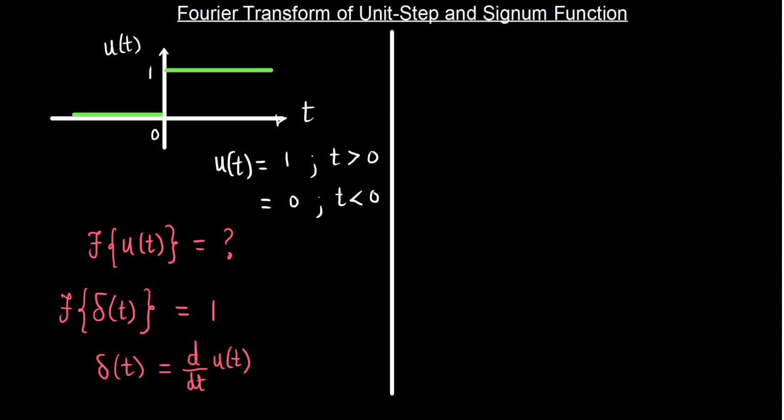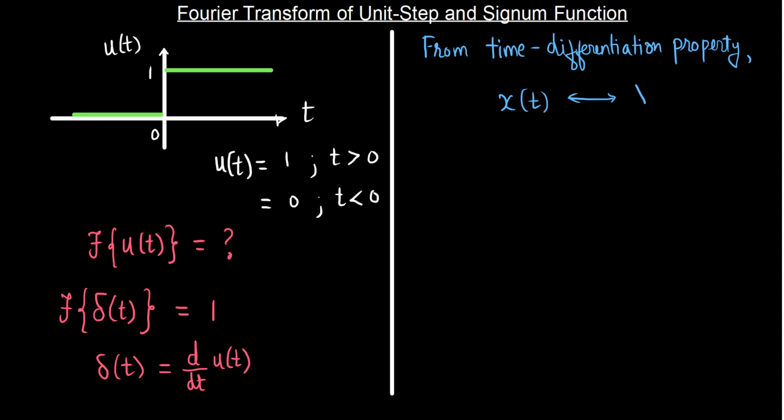From the time differentiation property of the Fourier transform, we know that if I have a signal whose Fourier transform is given by X of omega, then the Fourier transform of the derivative of the signal is given by j omega times X of omega.